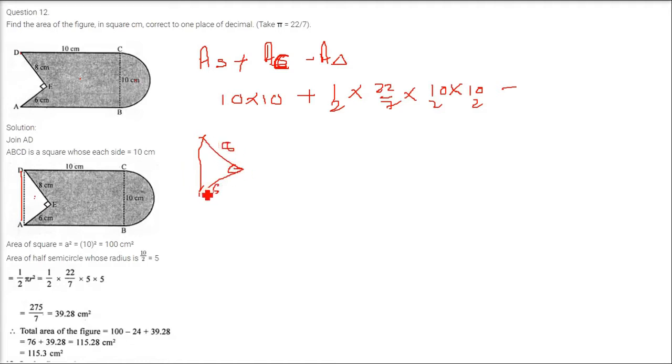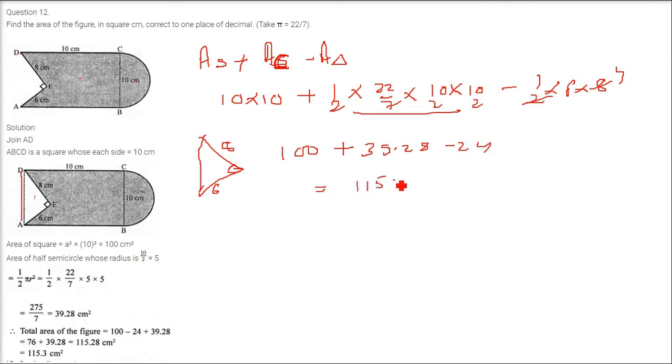The area of a triangle is half into base into altitude. So 10 into 10 is 100. Then we have this, this will come as 39.28, and this will of course be, 2 fours are 8, 6 fours are 24. So I have to subtract 24, and this will come as 115.3 centimeters square.